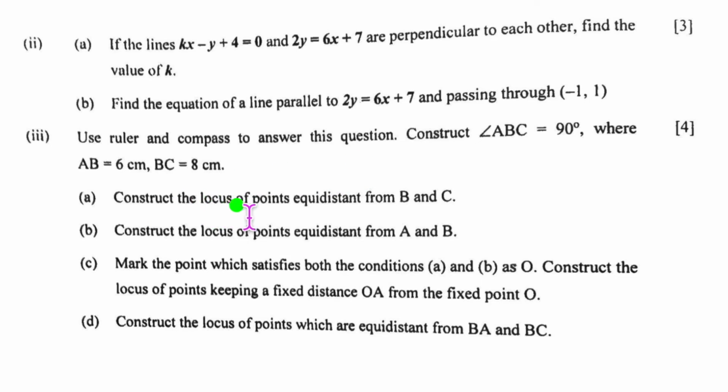A. Construct the locus of points equidistant from B and C, and B. Construct the locus of points equidistant from A and B. C. Mark the point that satisfies both the conditions A and B as O, and construct the locus of points keeping the fixed distance OA from fixed point O. And D. Construct the locus of points which are equidistant from BA and BC.